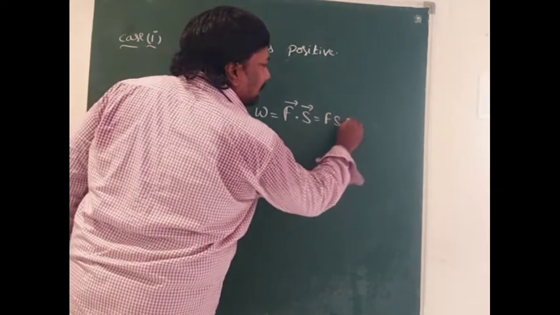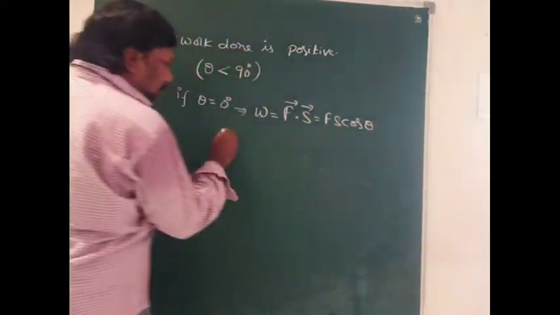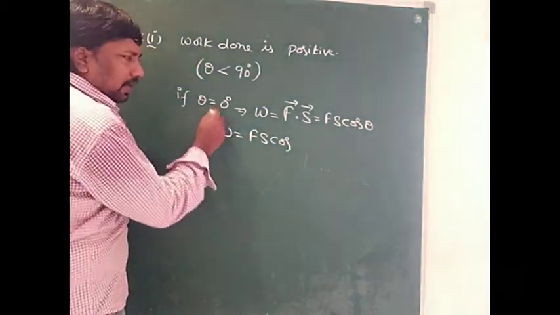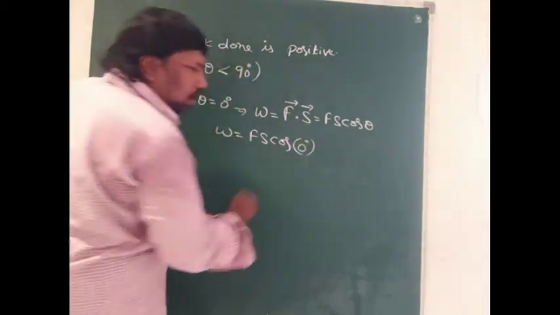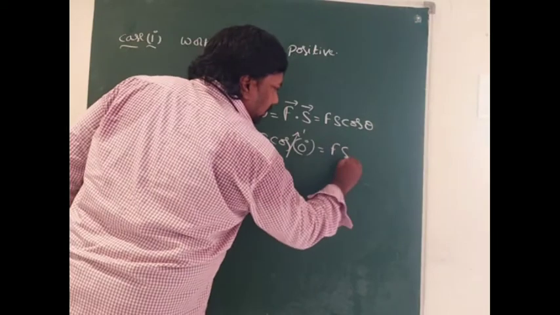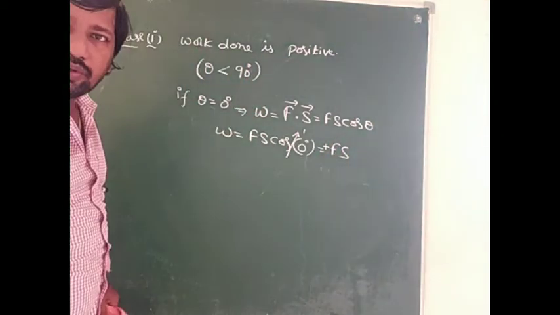Here theta equals 0 degrees, cos 0 equals 1. Therefore it is positive.